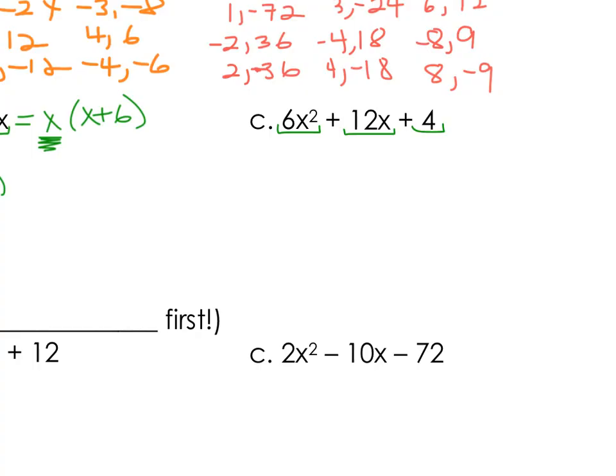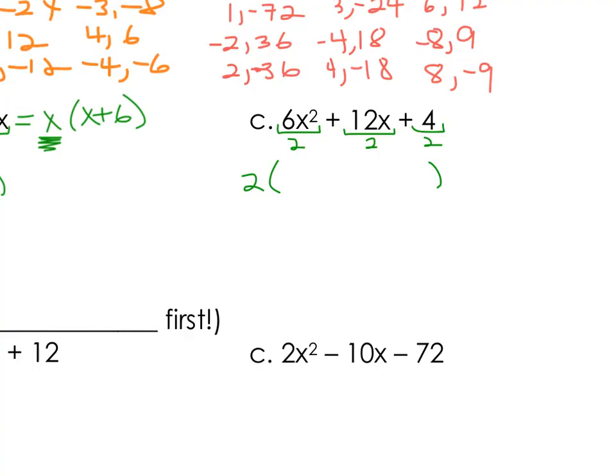The biggest common factor that comes out of all 3 of those numbers at the same time is 2. So I'm going to divide each of them by 2. And even though the first 2 terms have x's in them, because the 4 doesn't, we can't include x as our common factor. If we put our 2 out in front, we're going to use that division to see what would be left over on the inside of our parenthesis.